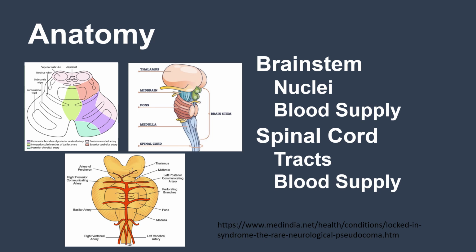The corticospinal and corticobulbar tracts run through the ventral pons, carrying motor signals. The medial lemniscus relays proprioception and vibration sense. The spinothalamic tract, located laterally, carries pain and temperature sensation.